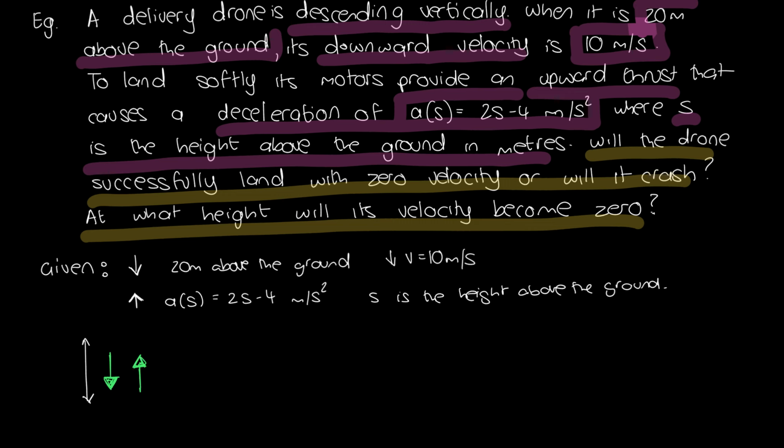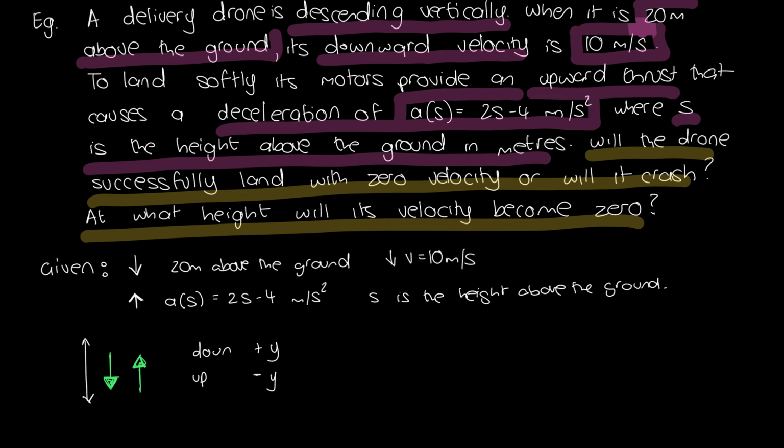So let's choose the down direction as positive y. So down is going to be positive y, and that means up is going to be negative y. Okay, so that's how we're going to choose our coordinates in this case. You can obviously do it the other way around, and make sure everything is adjusted accordingly.